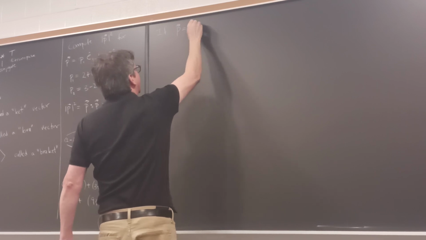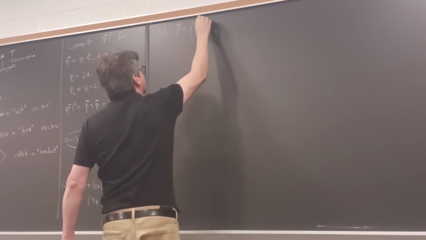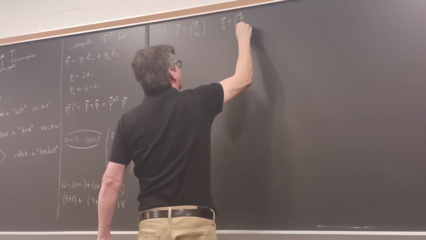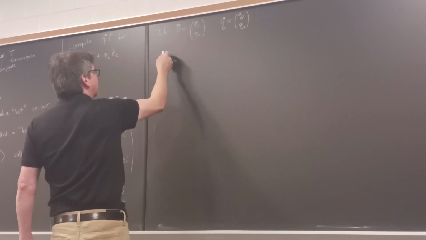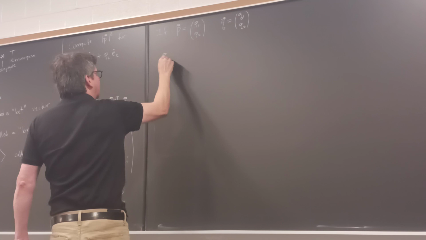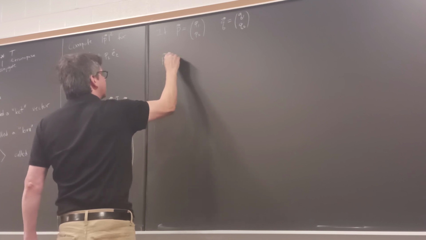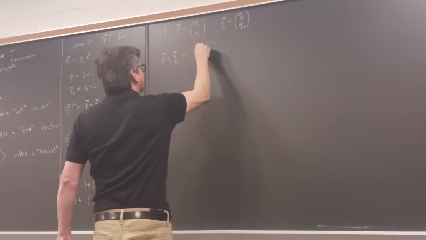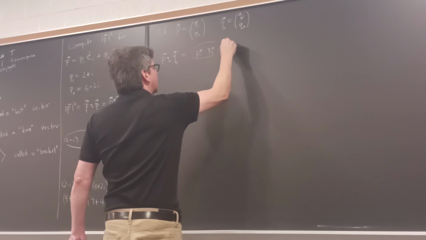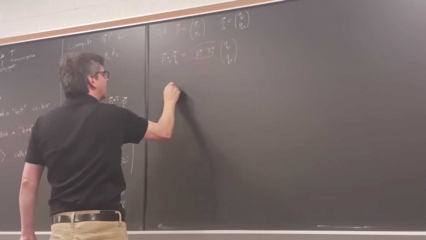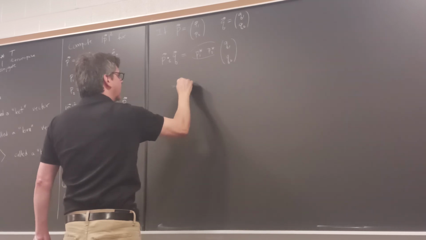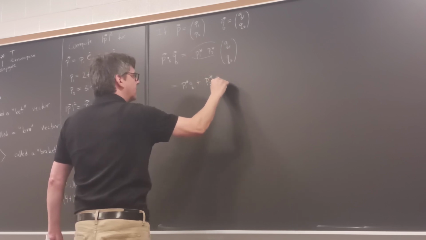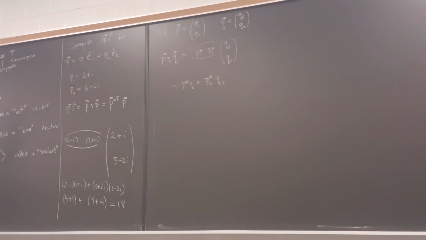So P is P1, P2, and Q is Q1, Q2, then the complex inner product here would be P1 star, P2 star times Q1, Q2, and so this would then be P1 star Q1 plus P2 star Q2. Okay?